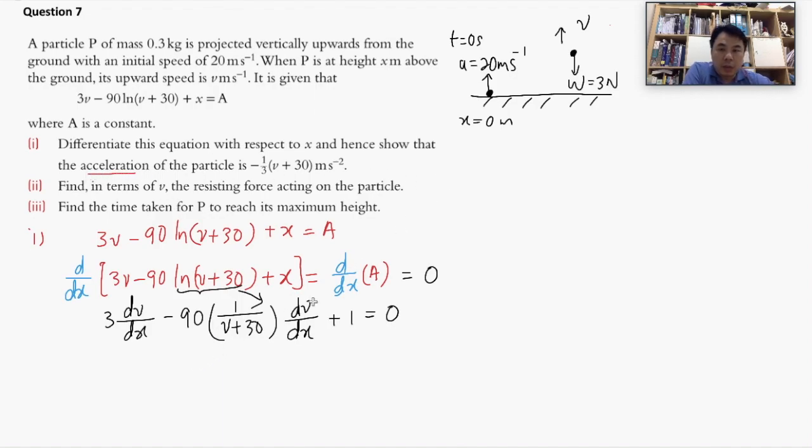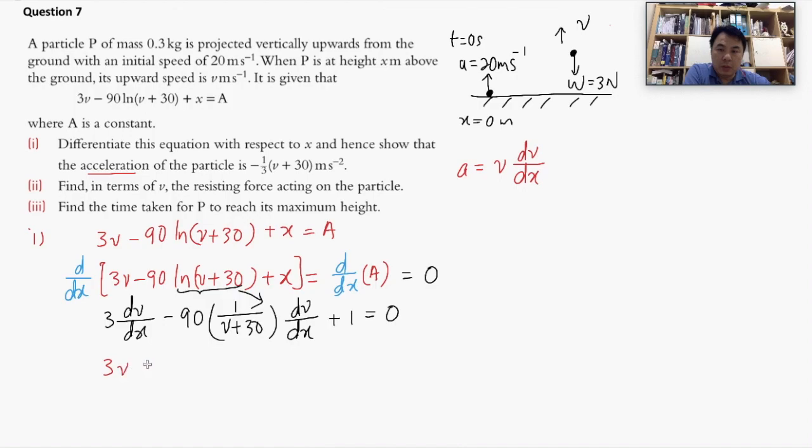We know that acceleration is given as v dv dx. Okay, so in order to do that, we might need to restructure a bit here. We want to multiply v throughout this equation.